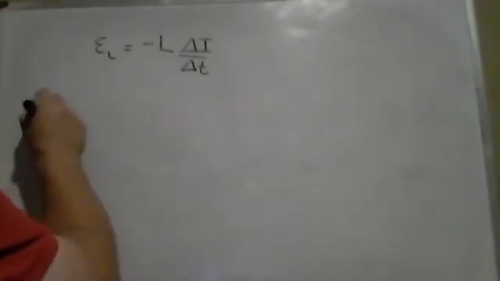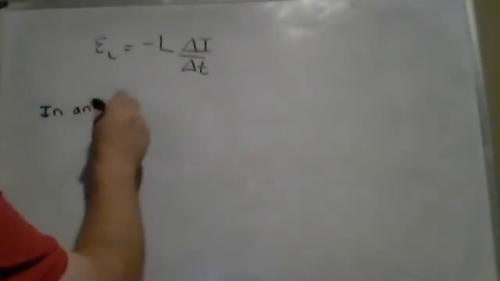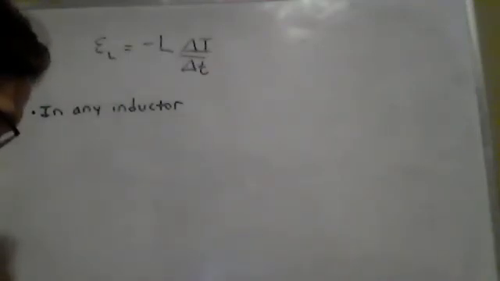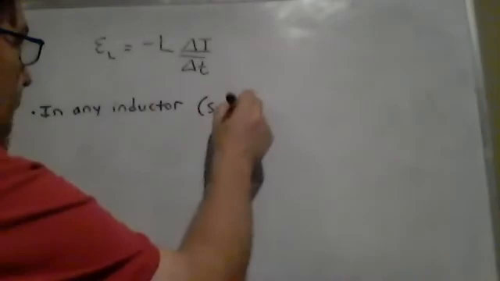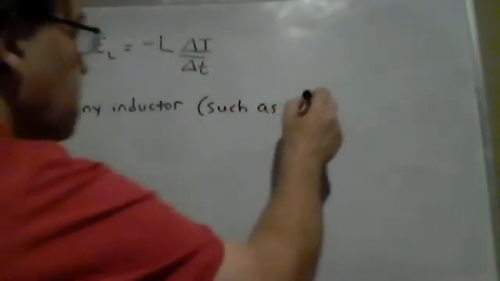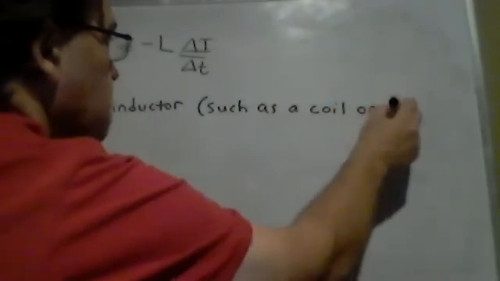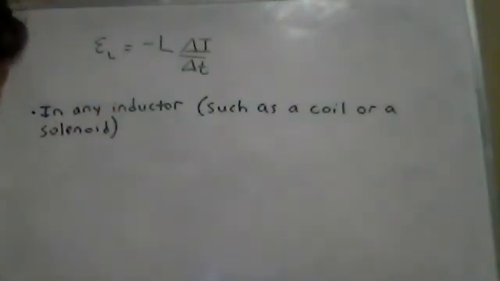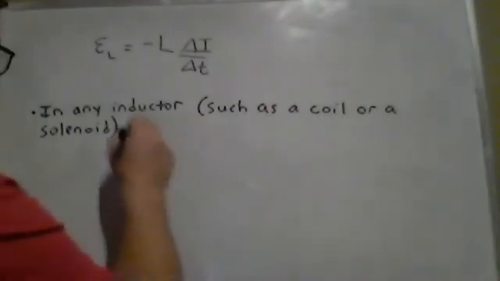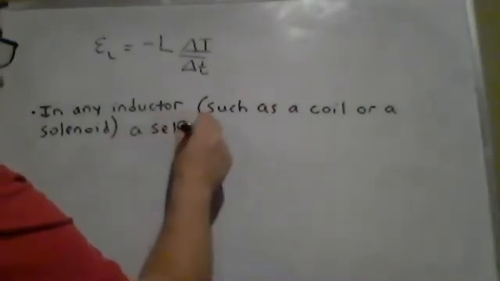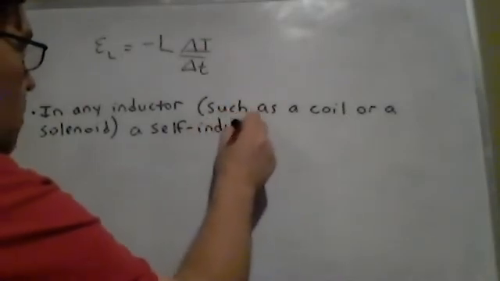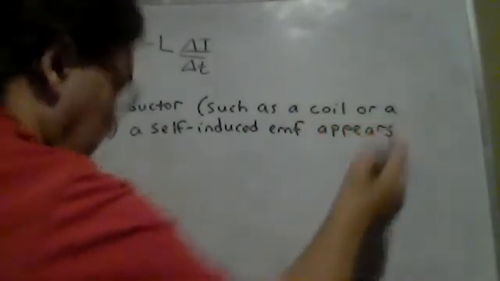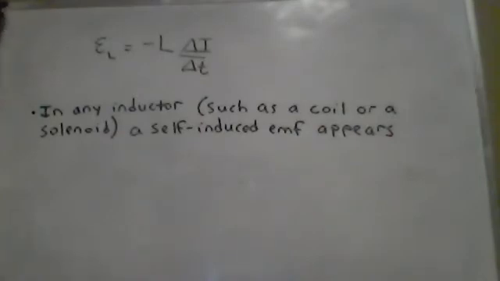So in any inductor, such as a coil or a solenoid, a self-induced EMF appears whenever the current changes with time.